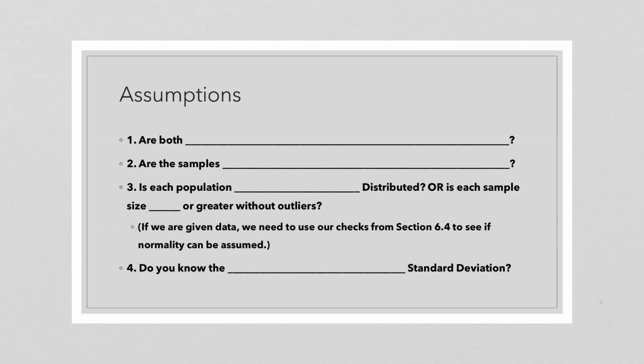So now we're going to go through our assumptions. These should look somewhat similar to, if not identical to, the ones that we covered in section 9.2. So we do want to ask ourselves, are both simple random samples? Where before we were asking, are our samples dependent or paired?